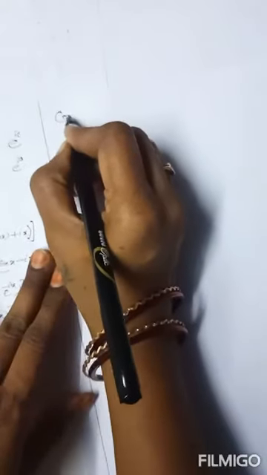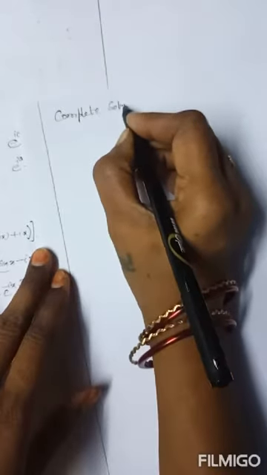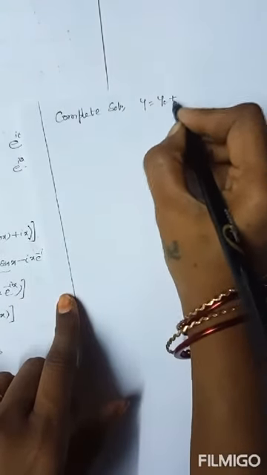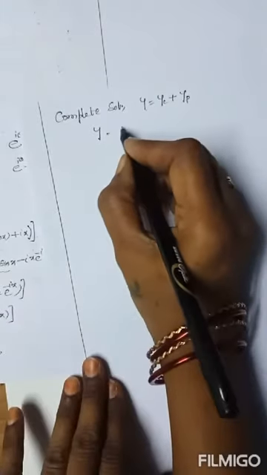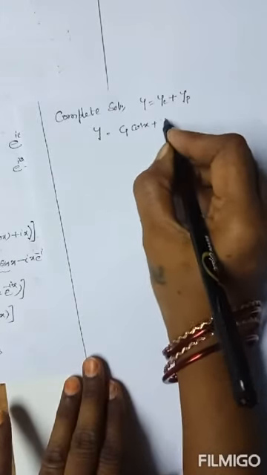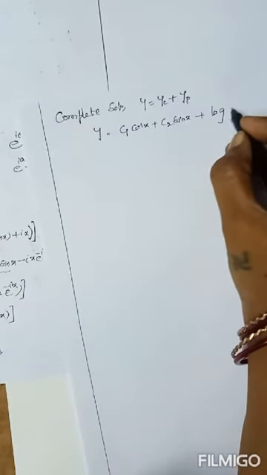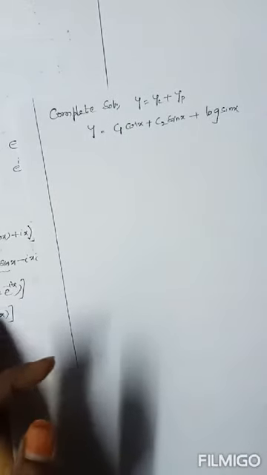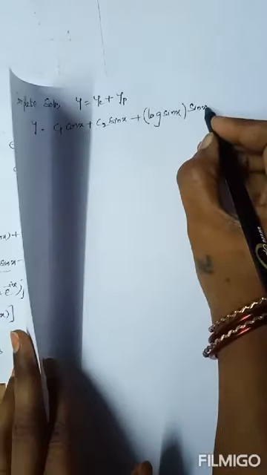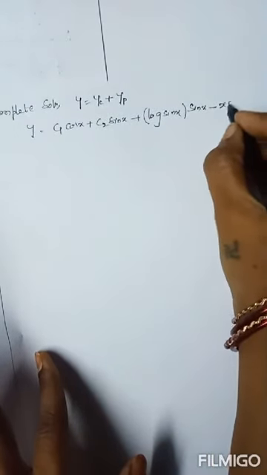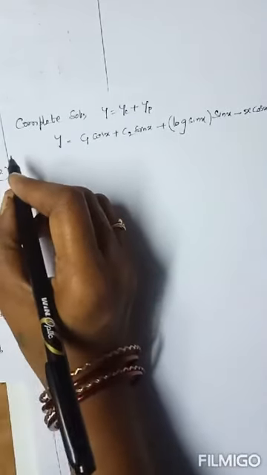Now the complete solution: y equals yc plus yp. y equals yc, which is c1 cos x plus c2 sin x, plus yp, which is log of sin x into sin x minus x cos x. That's it.